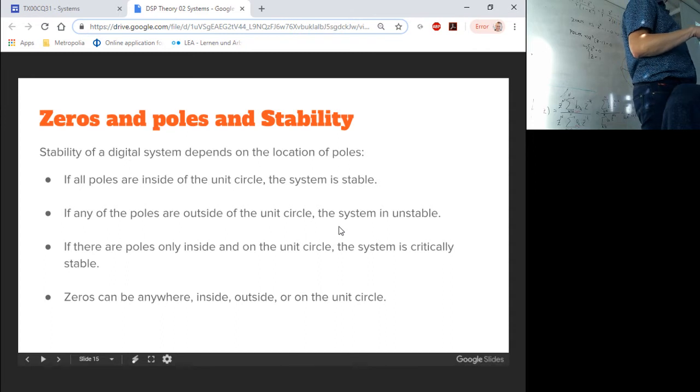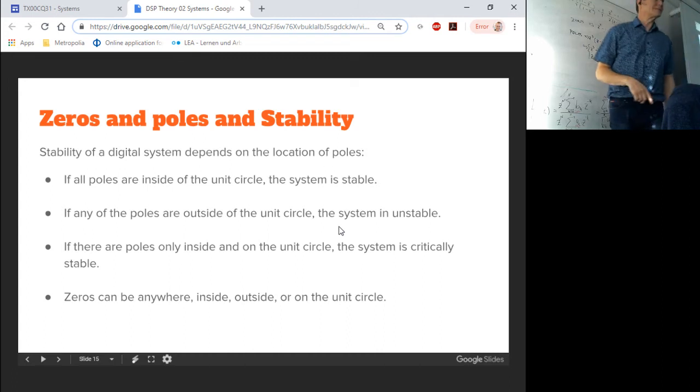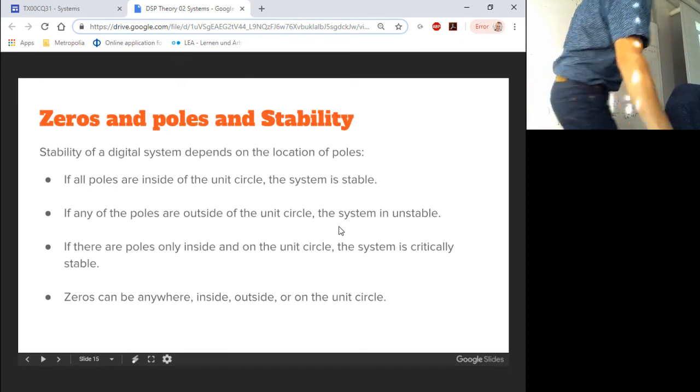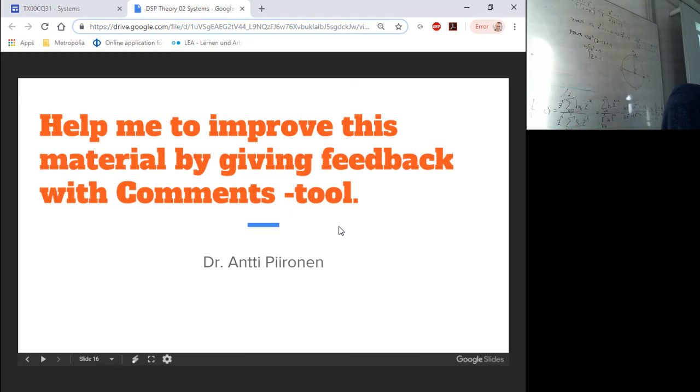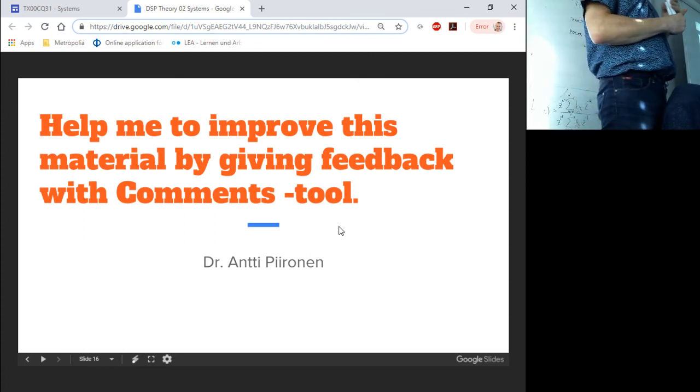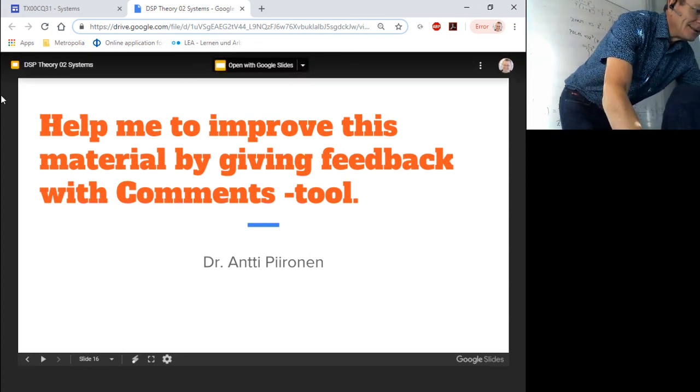Very useful, but hard to handle in the digital domain to put exactly on the unit circle, since rounding errors usually cause that pole to shift outside or inside, meaning that you either have a damping of the system or an unstable oscillator. Good, but zeros can be anywhere. Whoa, that's all heavy. All right, and it gets a little bit heavier.